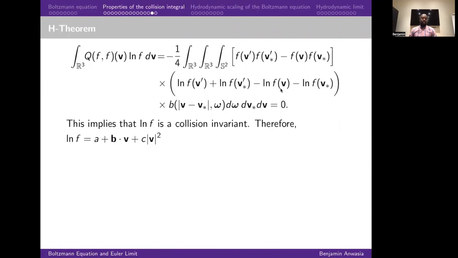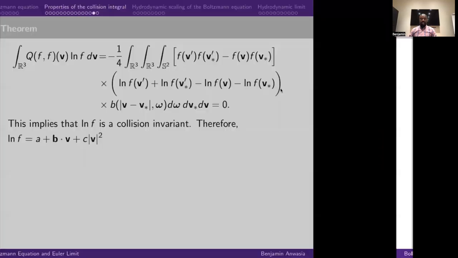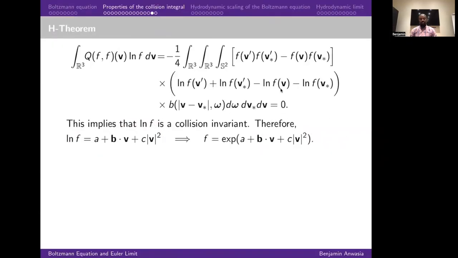If we take the exponential of both sides of this equation, we obtain that f is of the following form.